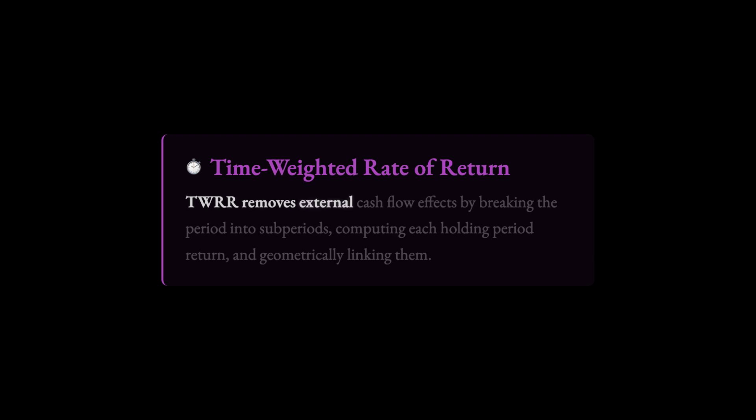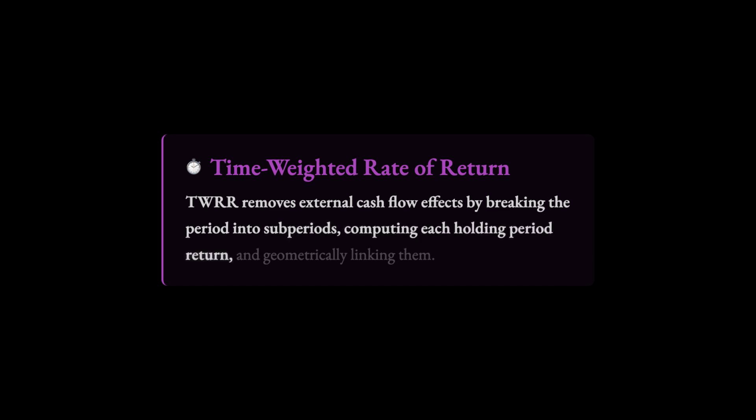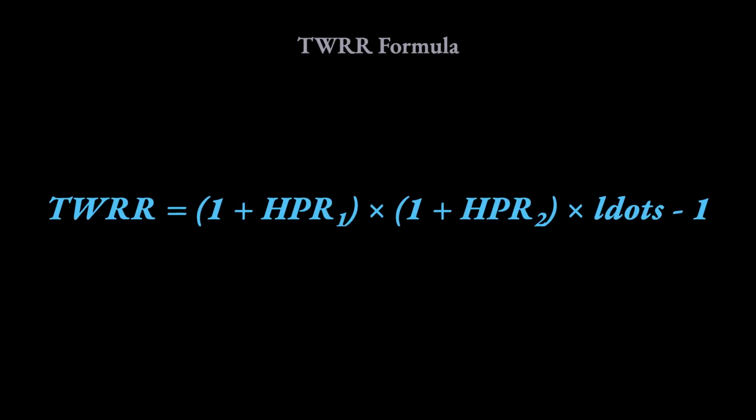TWRR removes external cash flow effects by breaking the period into subperiods, computing each holding period return, and geometrically linking them. The formula chains each subperiod together, 1 plus each HPR, all multiplied, minus 1.